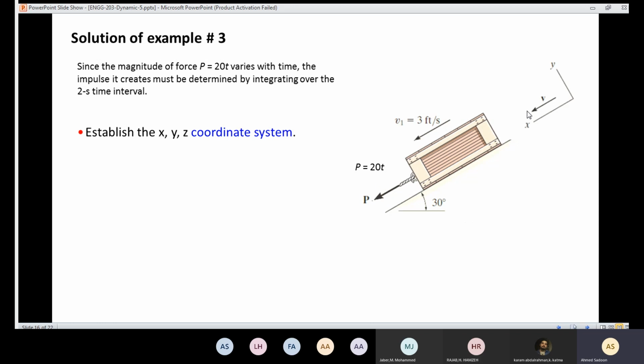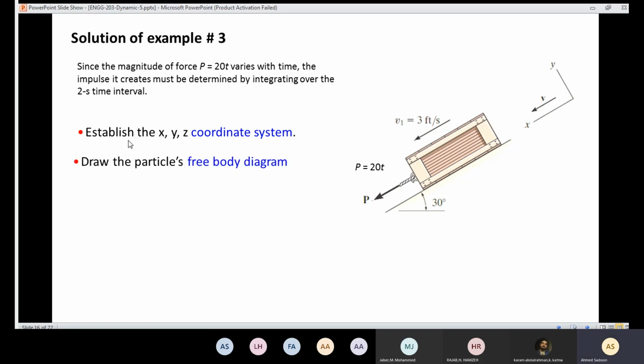So I'm going to put X and Y aligned with the plane, and the positive X is going to be in the same direction as the velocity. When I put the XY like that, my work is going to be easy. I'm not going to resolve a lot of forces.